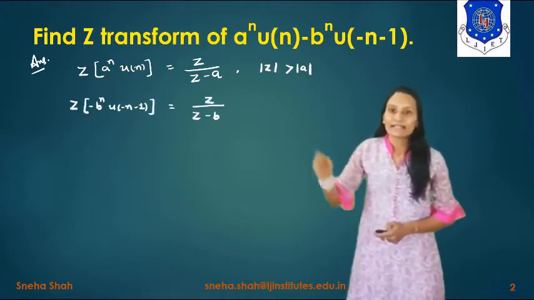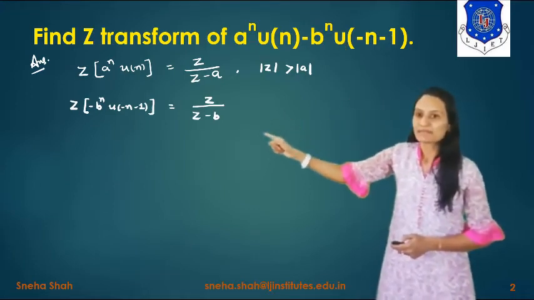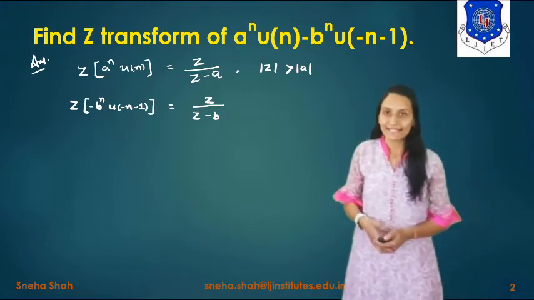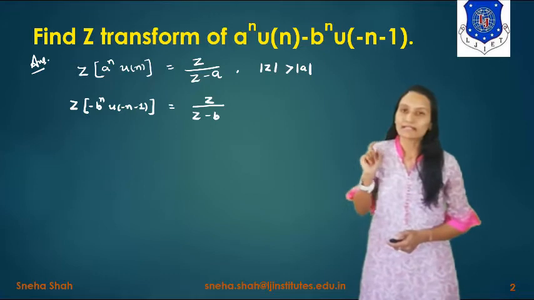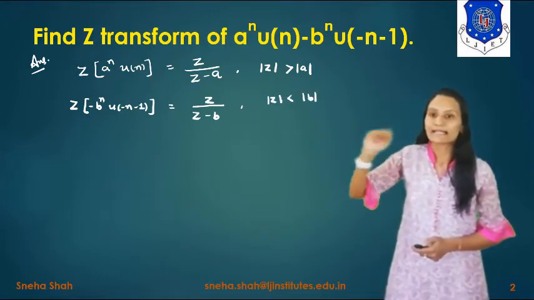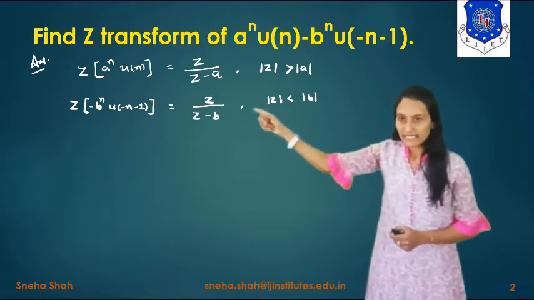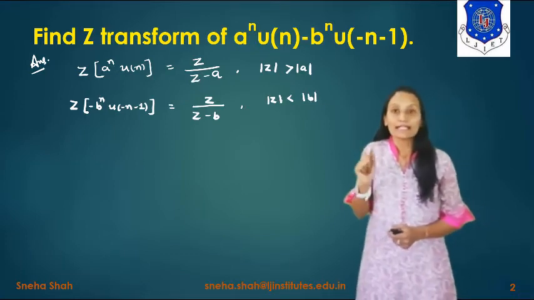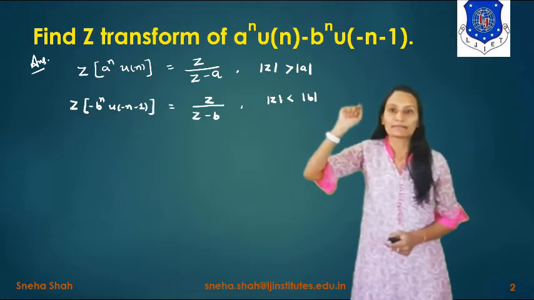Similarly, the Z transform of minus b raised to n u of minus n minus 1, which is for the anti-causal system, will be z upon z minus b, and the ROC of it equals mod z is less than mod b. If the term u of n is given to you, it is considered a causal sequence, and for a causal sequence the ROC will be greater than something.